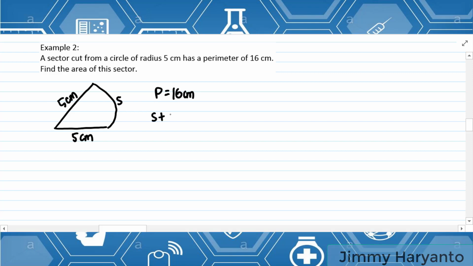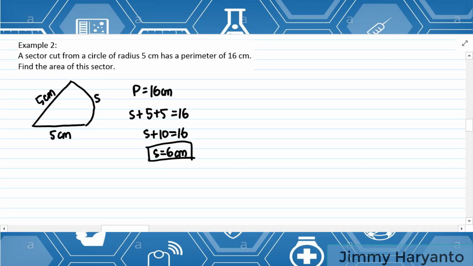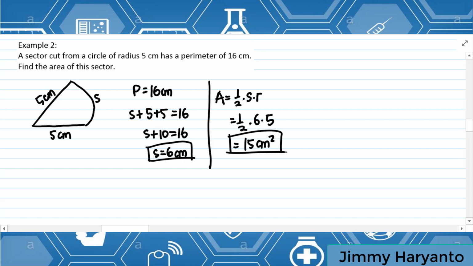So S plus 5 plus 5 equals 16, so S plus 10 equals 16. S equals 6 centimeters. After we get S, we can find the area using this formula: area equals half times S times R. Half times 6 times 5 equals 3 times 5, which is 15 centimeter square. So this is the area of the sector.